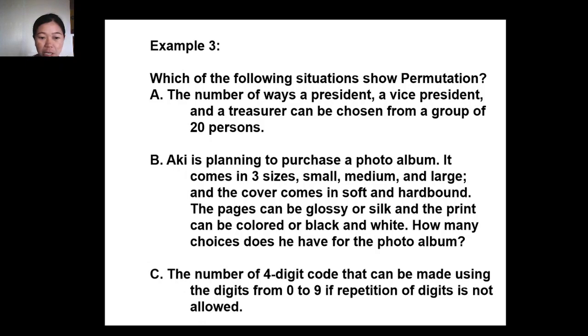What about letter C? The number of 4-digit codes that can be made using the digits from 0 to 9 if repetition of digits is not allowed. So, ibig sabihin, from 0 to 9, kailangan mong gumawa ng code na 4-digit, but repetition of the digit is not allowed. Analyzing situation C, it is permutation. Why?